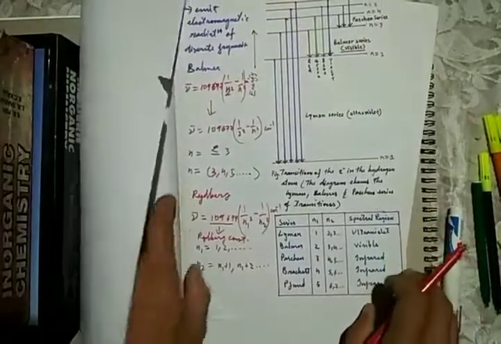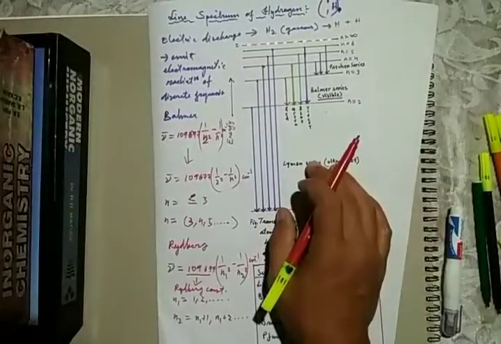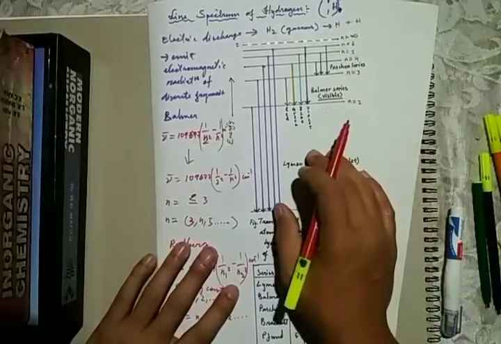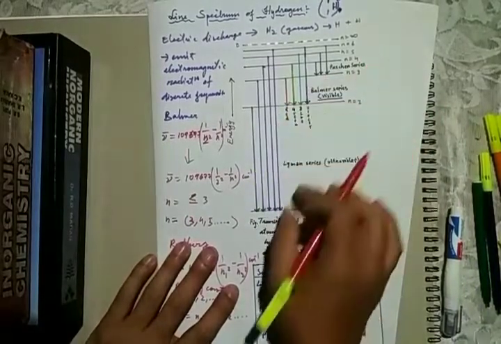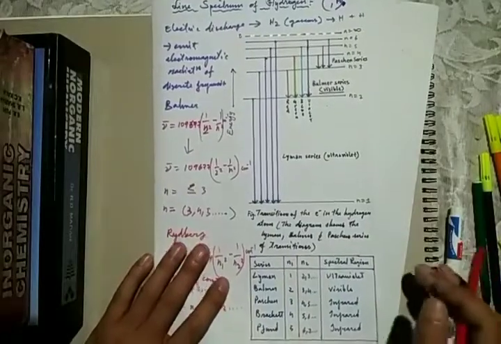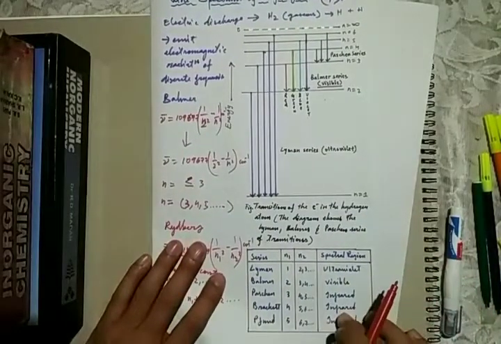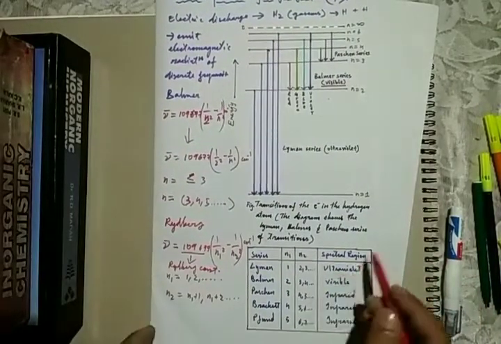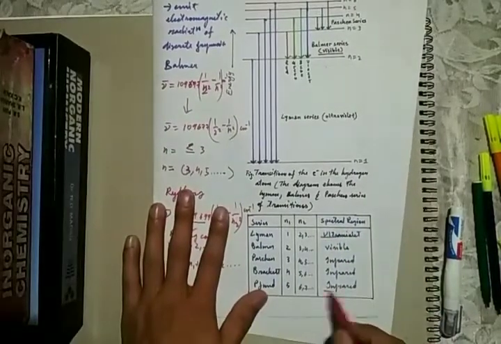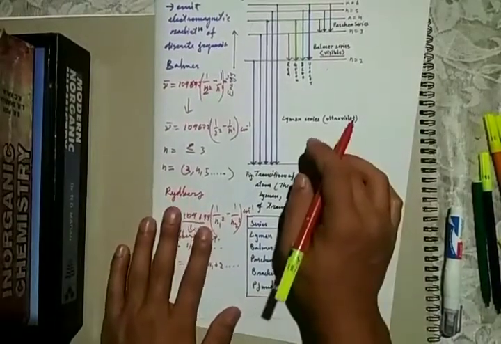So although hydrogen has only one electron, it shows different spectral lines in the visible, ultraviolet, and infrared regions.